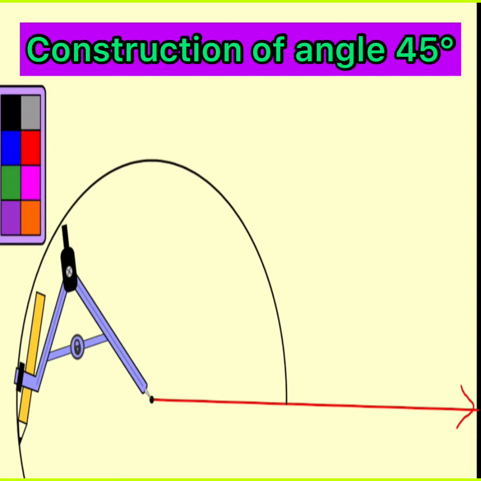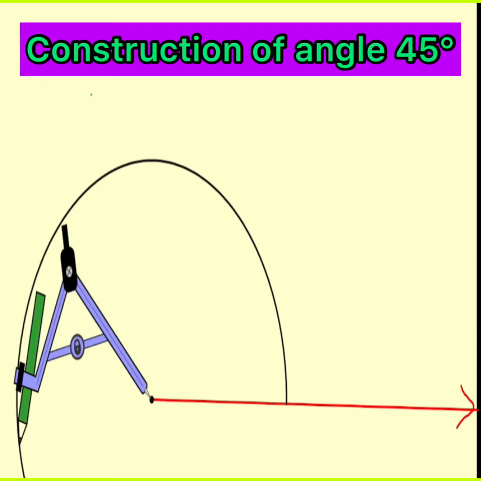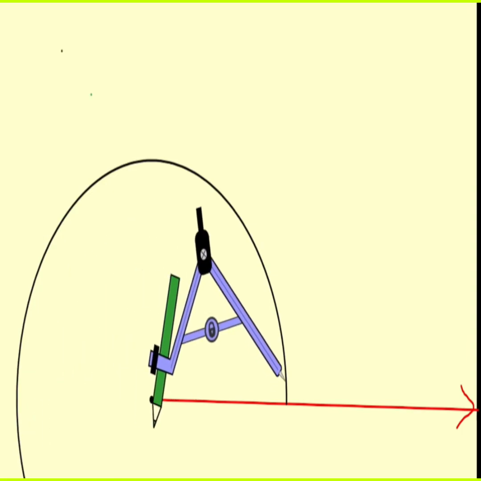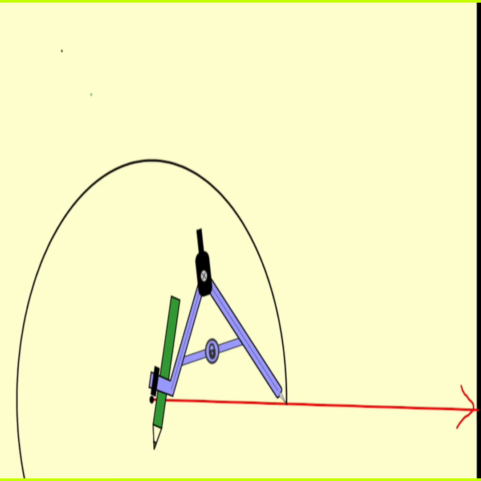Now we will mark an arc from the same distance. Let this point be A, the intersection point of the circle and ray OX.